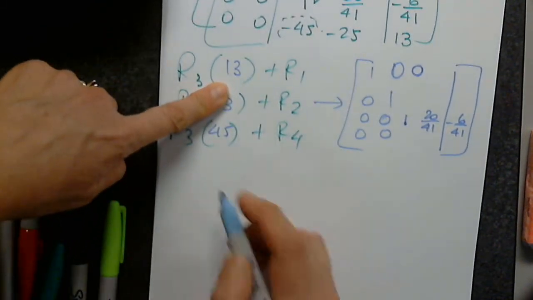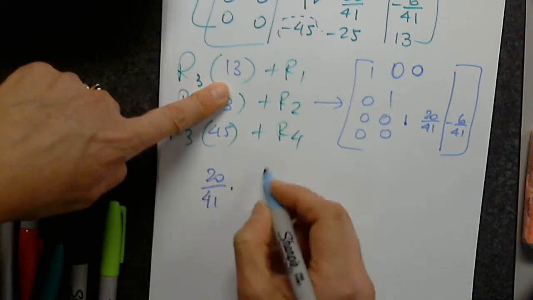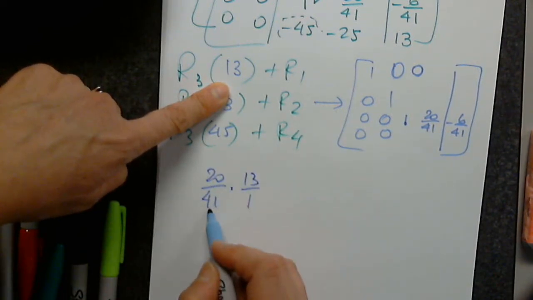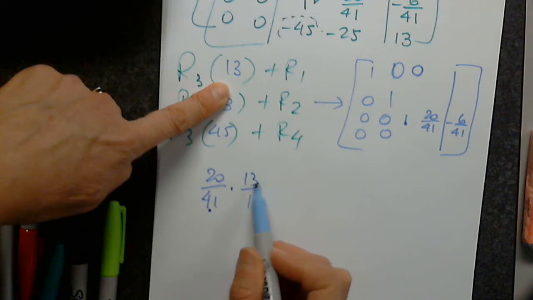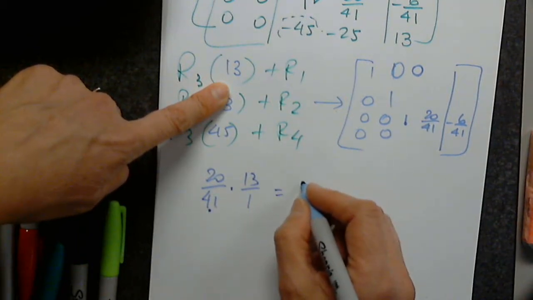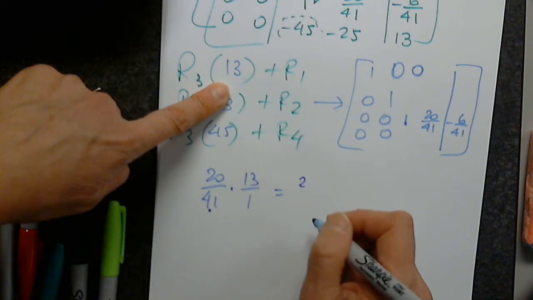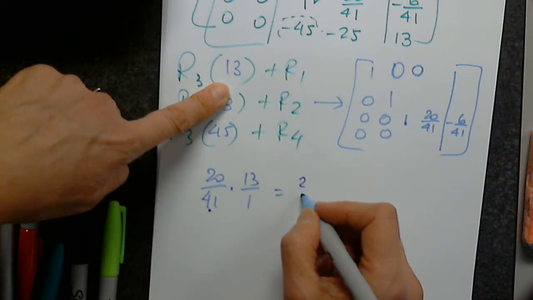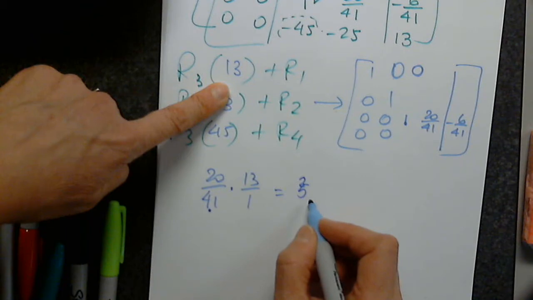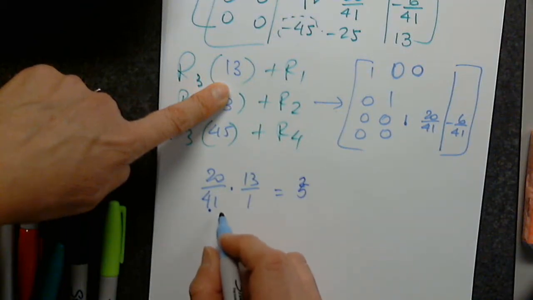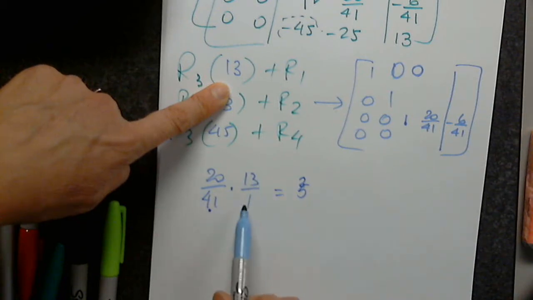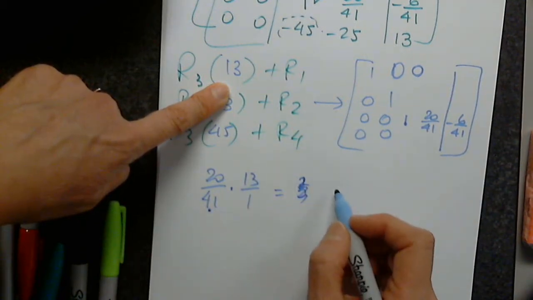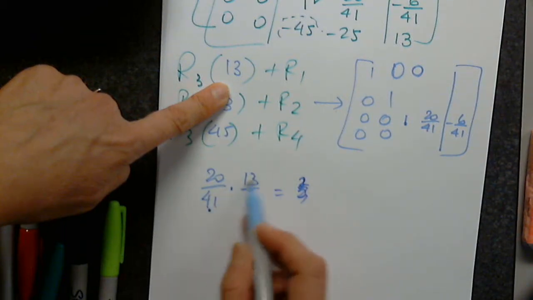Let's take it on the side. 20 over 41 multiplied by 13 over 1. So 41 times 13 is 532, but you cannot multiply this.